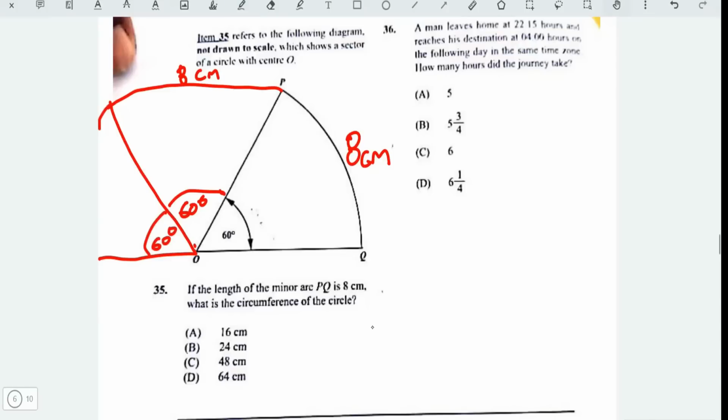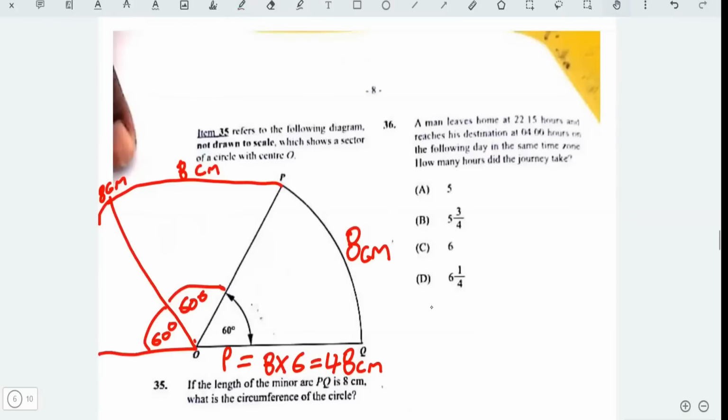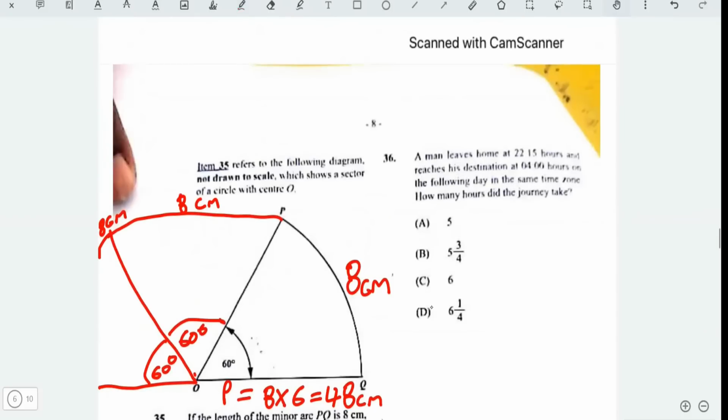So half of the circle is 24 centimeters, 8 plus 8 plus 8. Therefore the perimeter is 8 centimeters times 6, which is 48 centimeters. That would be the total distance around. The perimeter of half the circle would have been 24, so the full circle has to be 48. Nice.